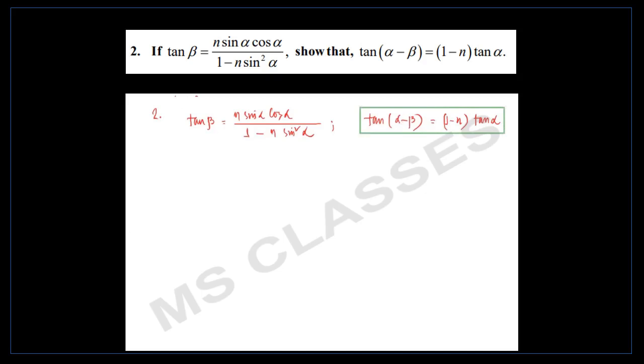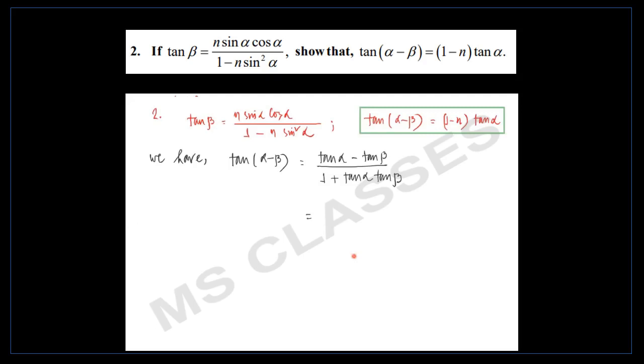You can start that way: tan(alpha minus beta) equals tan alpha minus tan beta by 1 plus tan alpha tan beta. This is the formula.